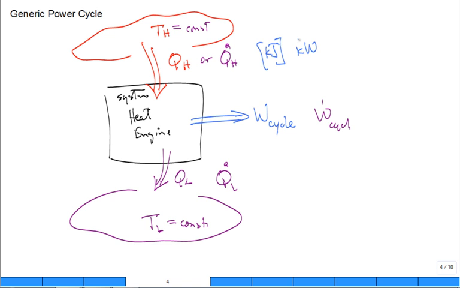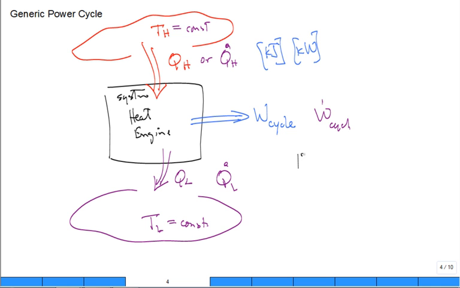Kilojoule per second is a kilowatt. So you can't mix them. They either are amount of heat and amount of work, or a rate of heat or a rate of work transfer.